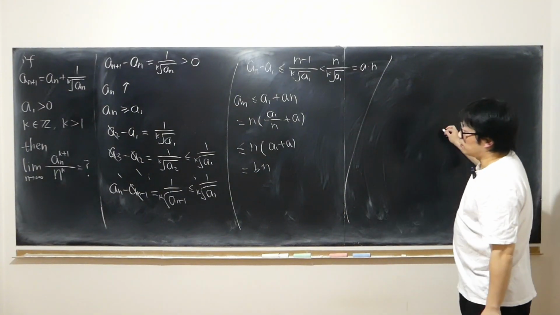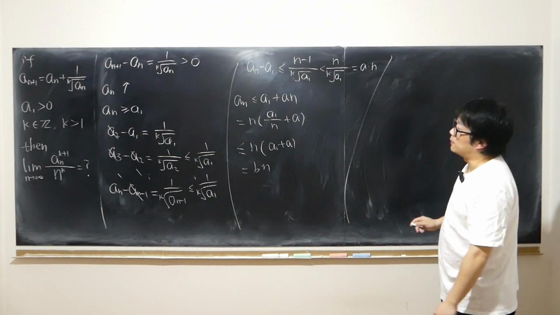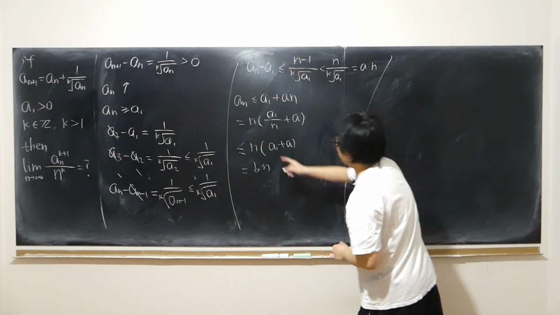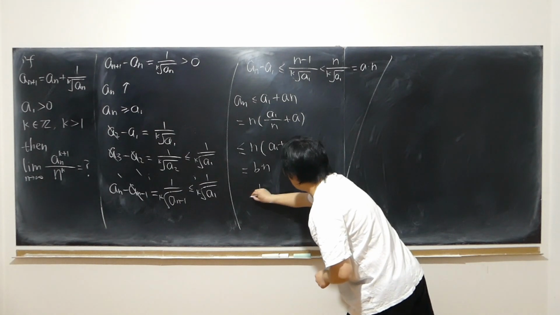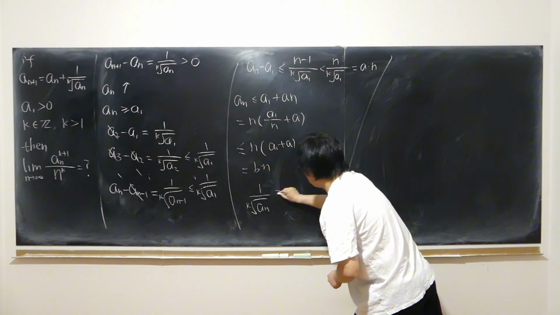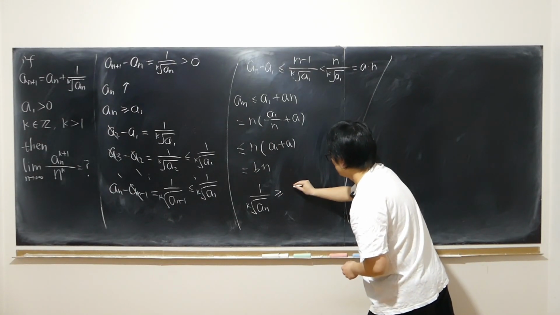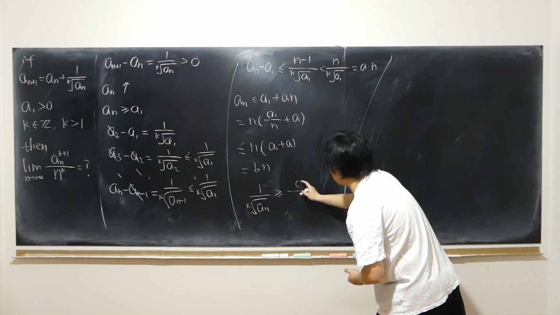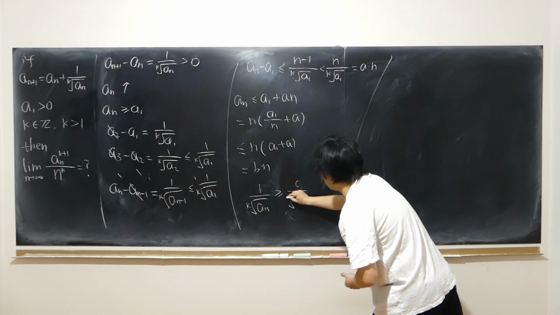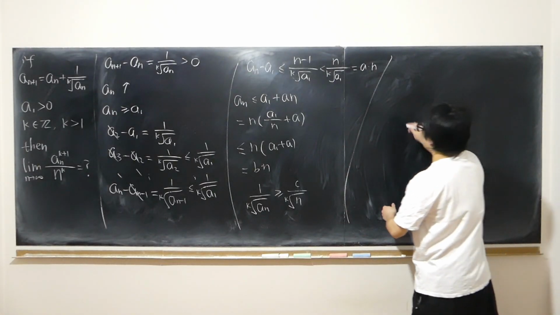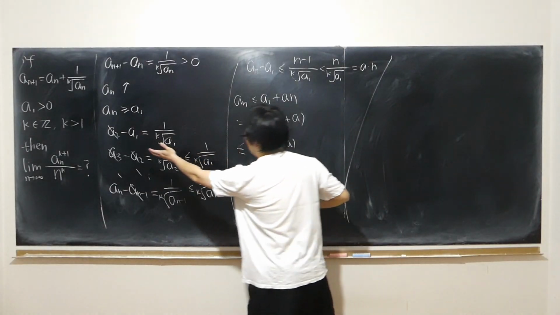So next, how do we know that a_n tends towards infinity? It's because from this we can say that 1 over the kth root of a_n has to be greater than or equal to some positive constant, I denote it as c, over the kth root of n. So from this, we can immediately use the same technique as here.